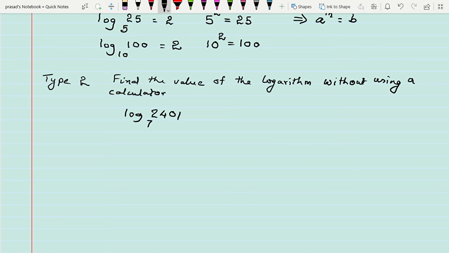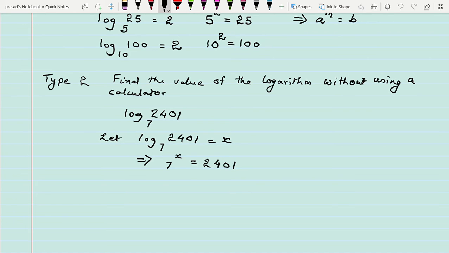So I will say that let log 2401 to base 7 be equal to x. Now change this to the index form. So in index form, 7 will be the base, x will be the power, and the value in the index form will be 2401.